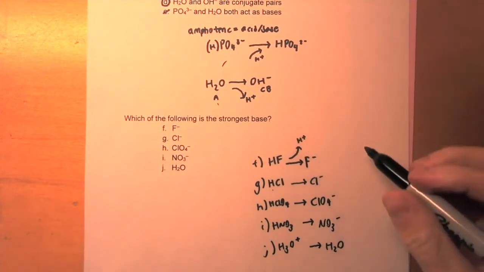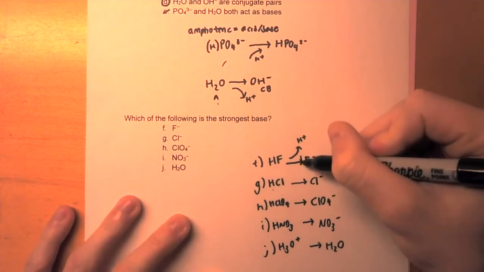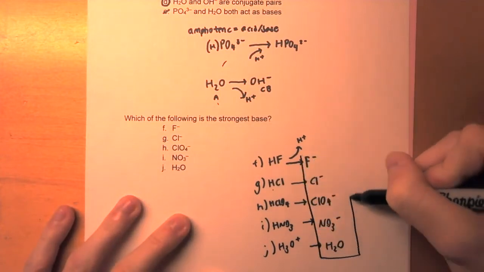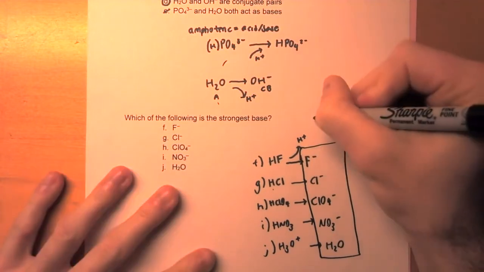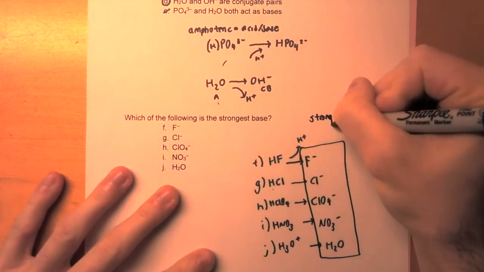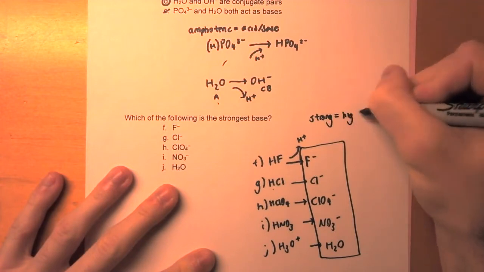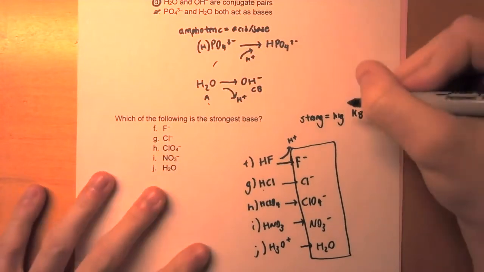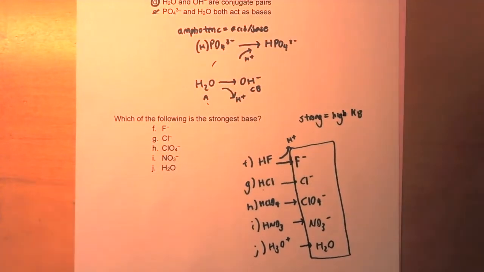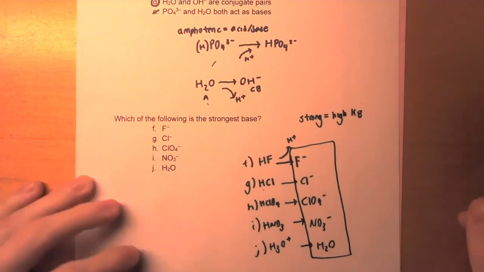So which of the following is the strongest base? Does the strongest base have a high or a low Kb? Strong is equal to a high Kb. So if we're looking for a high Kb, we need a low Ka.